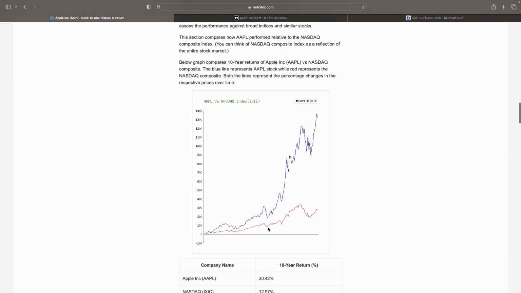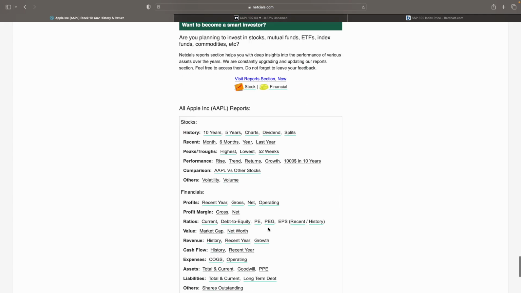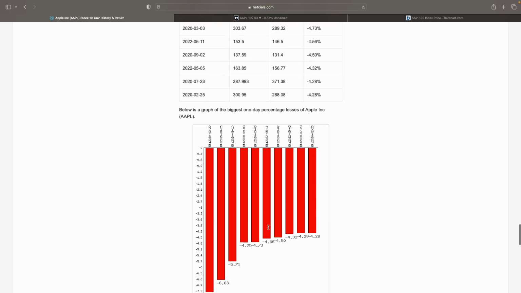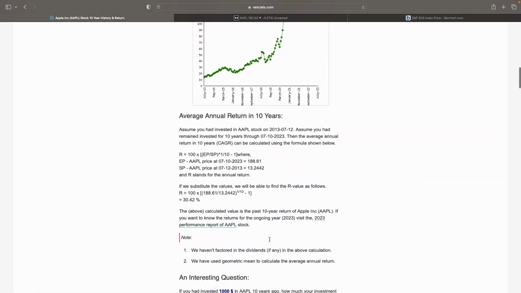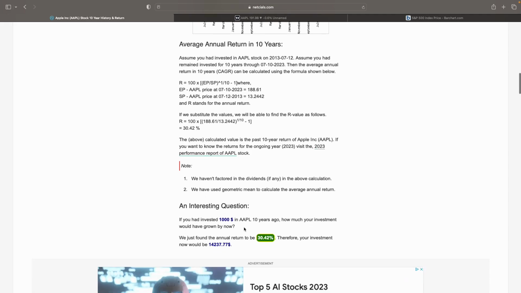We found that information out. Sorry, I went too far. It says it returns 30.42%. All right, so we got that information out. So we found out annual return would be 30.42% right here.